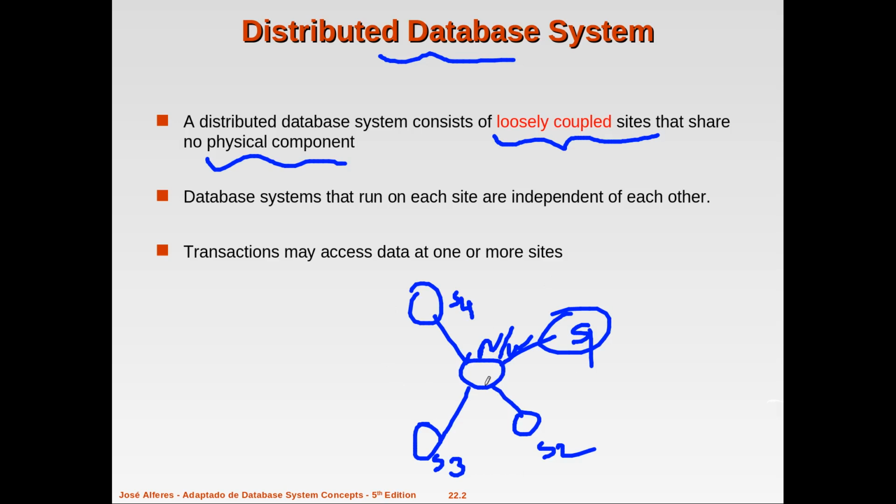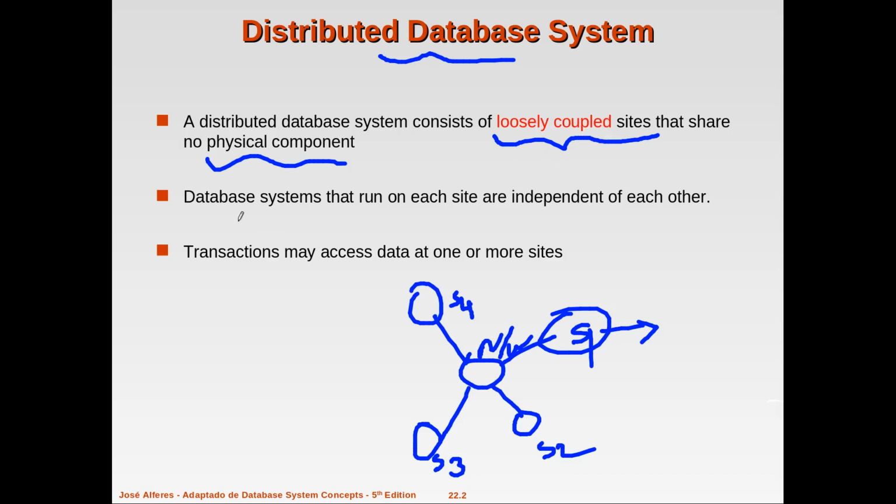Every site will have its own memory and its own disk. Independently, the different sites reside in different locations, and they are only connected through a communication network, and all the communication between these sites will happen only through this high-speed connection. That is why it is called a loosely coupled architecture.